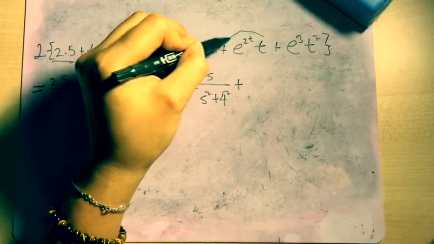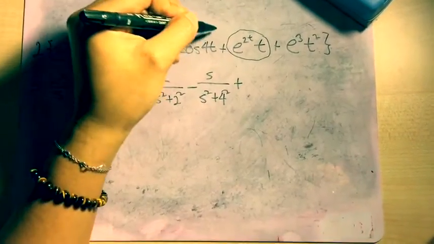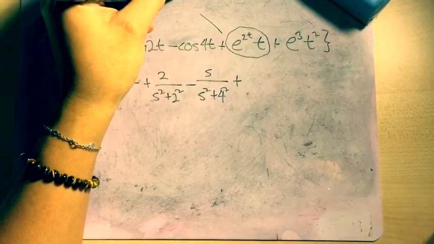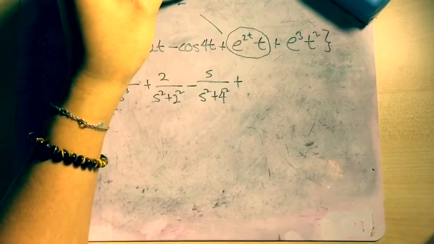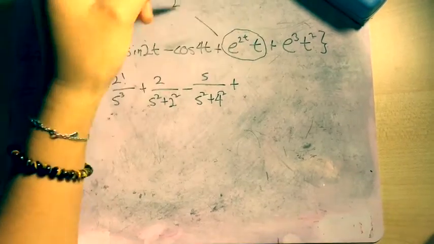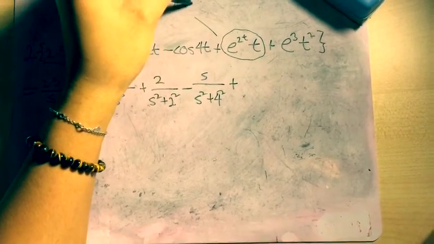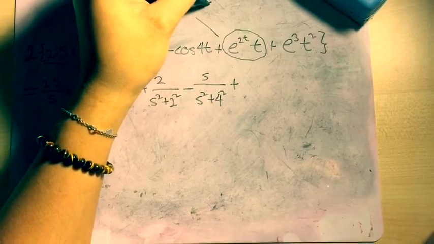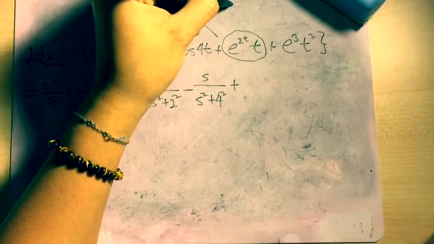Now right here is the first shift theorem. So you take out this, Laplace transform of e to the 2t times t is Laplace transform of t, letting s be s minus 2.